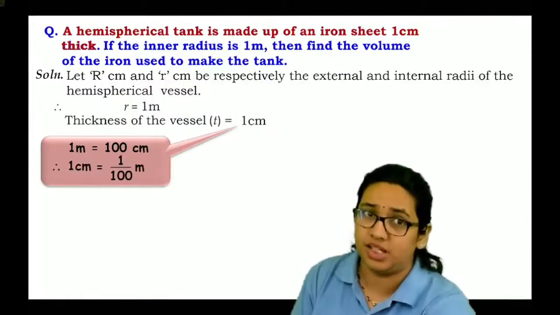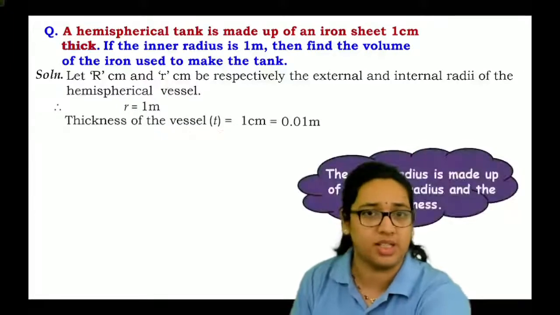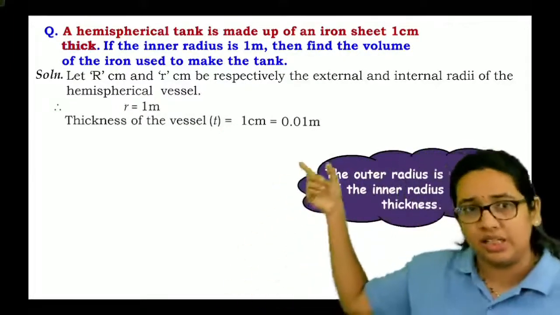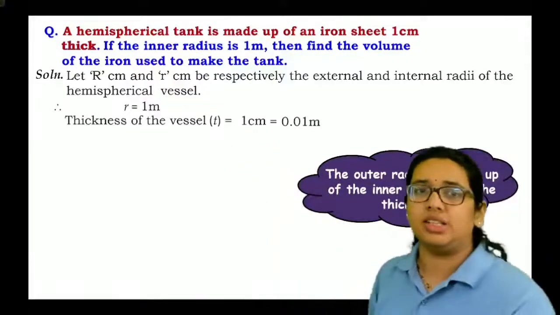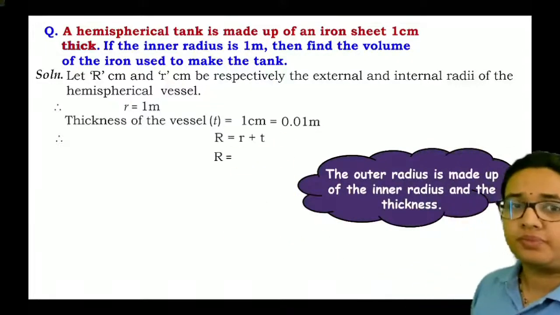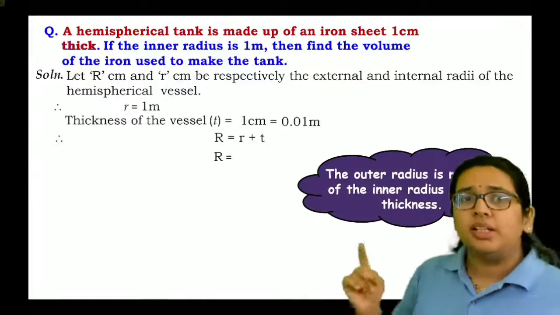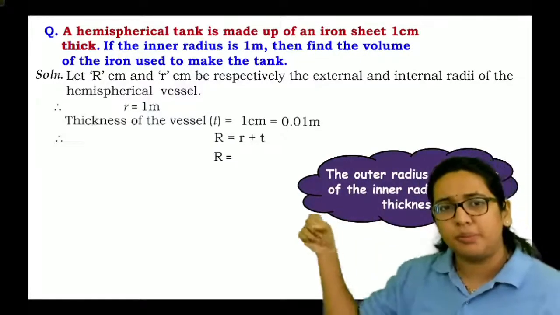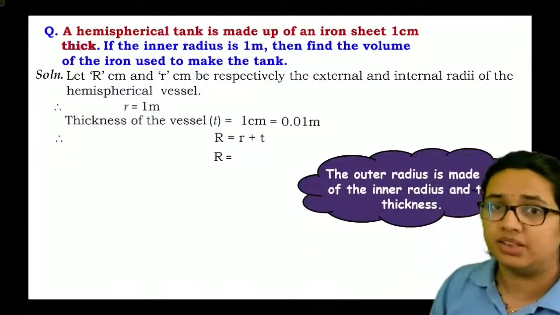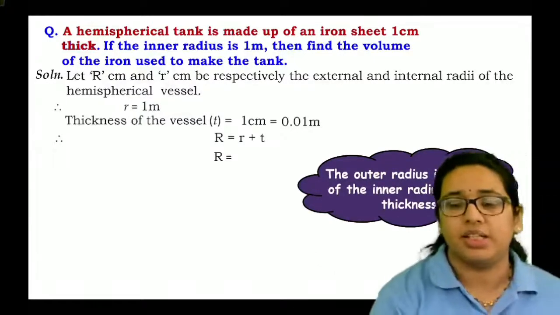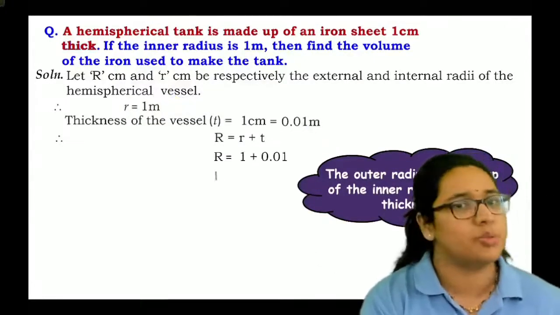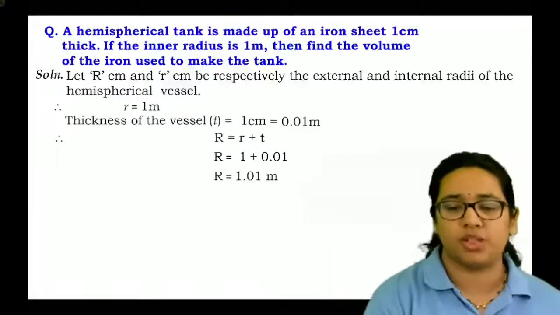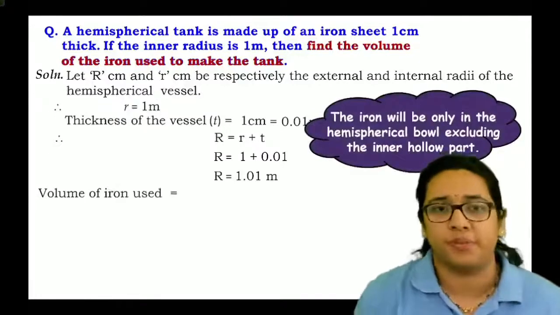So we can write this as 1 upon 100, which is nothing but 0.01 meter. So now you have the thickness and inner radius as well. But we know that outer radius is nothing but inner radius plus thickness, that is capital R is nothing but small r plus b. Hence the value of capital R will be 1.01 meter.